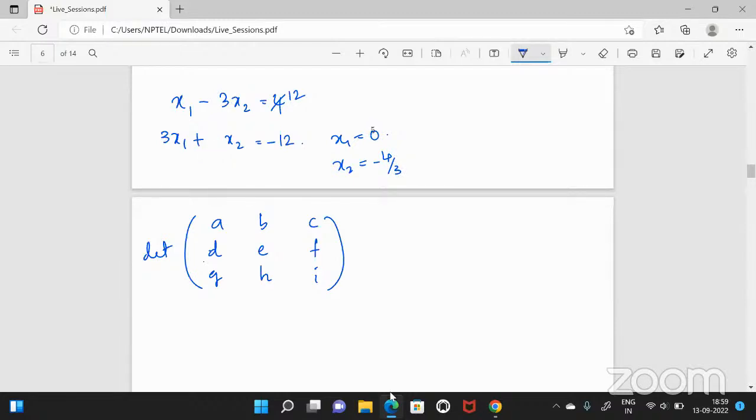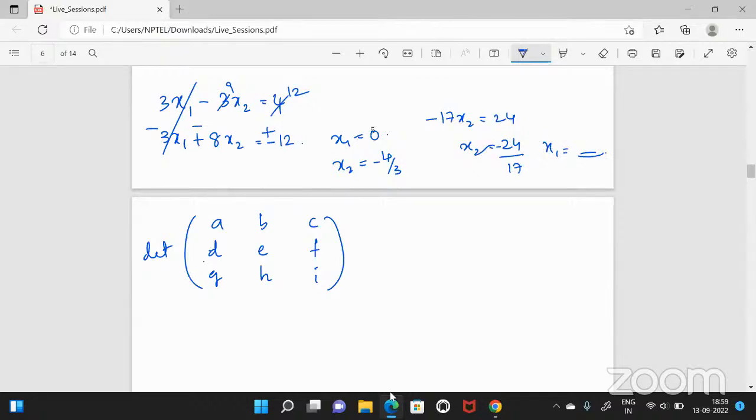Okay. Now say if your answer was 9. So now say we put it equal to 8. What happens in this case? Again, we'll do the same thing. 3, 9, 12, and then we'll subtract now. So this will be gone. -17, x2 will be 24. So x2 is 24 by 17, and x1 is equal to something. Again, you're getting a unique solution, right?